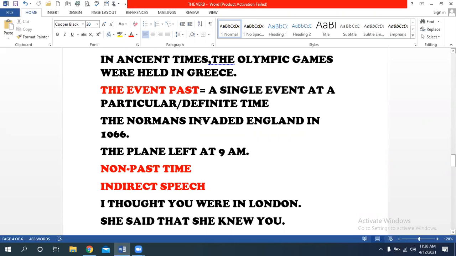These terminologies we are using are not that important, but their usage should be understood, what it means. So when we talk about the exact time, that is the event past, like the Normans invaded England in 1066, that is a particular time, and the plane left at 9 a.m., that is also a particular time.